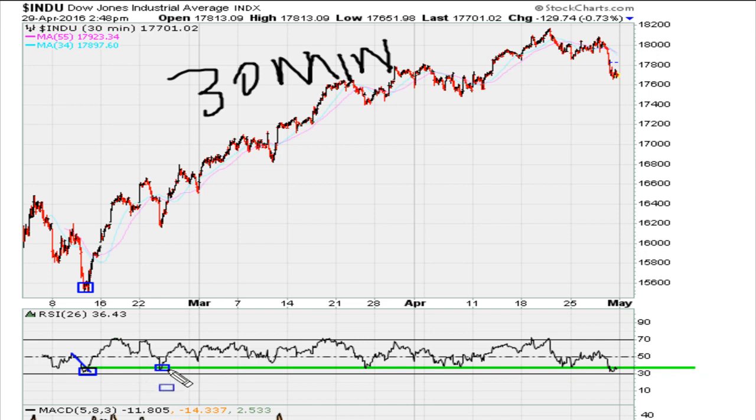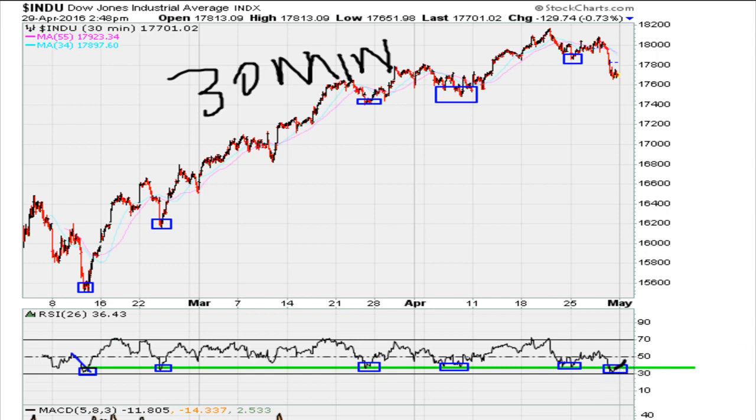It held back above the green line for the lows there, double bottom support here for the lows there, double bottom support here again for those lows. We held here with another double bottom for the lows right there, and now we are trying to hold back above the green line. So on a 30-minute chart, this is where the market might find support, by moving back above this green line of support.